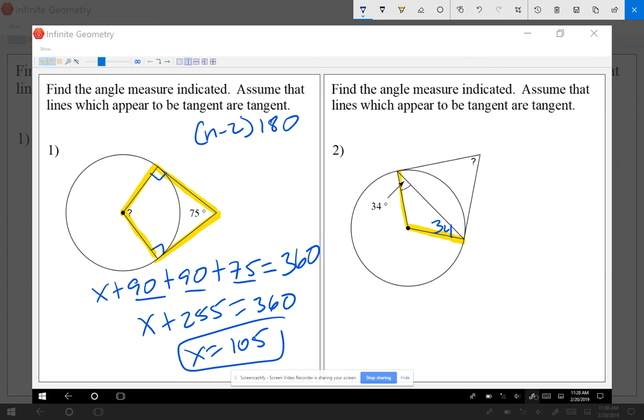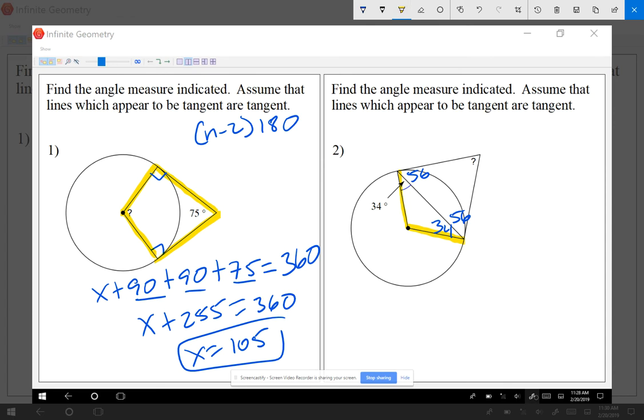I just told you a few minutes ago that a radius and a tangent, when they cross, make 90 degrees. So this angle right here is 56, and this angle right here is 56, because 34 and 56 add up to 90, because it's an angle made by a radius and a tangent.